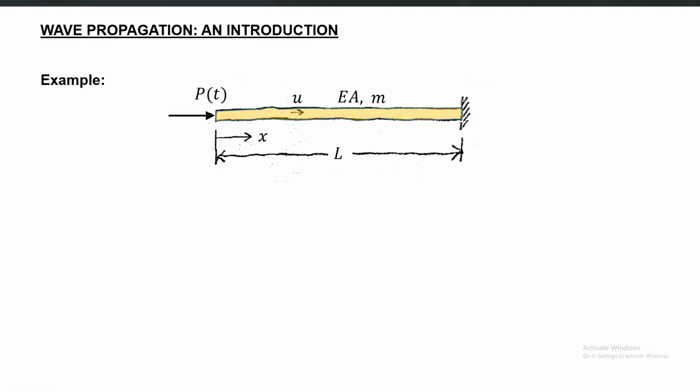So a wave is basically an energy or a disturbance which propagates from one point to another point. It travels and it can be seen as a traveling displacement or a traveling stress, you can say.